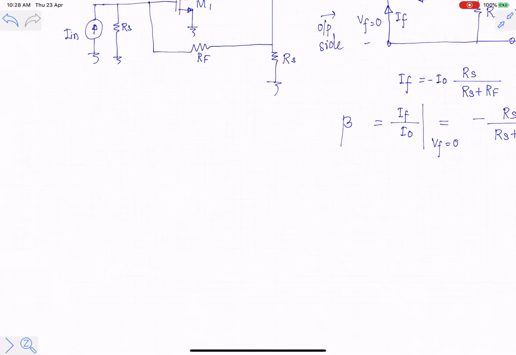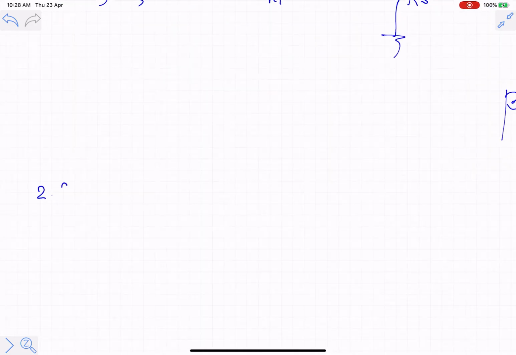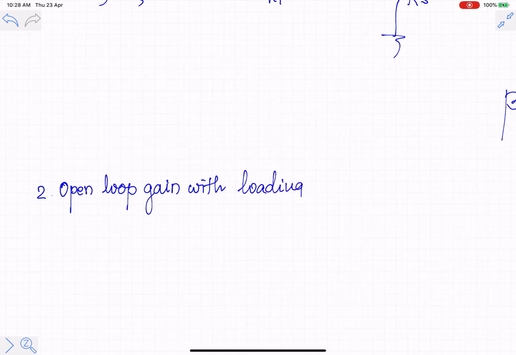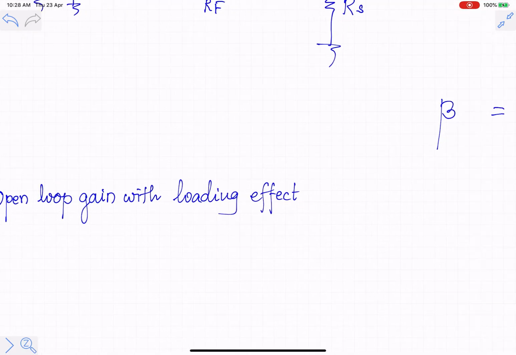The second thing that we have to calculate is the open loop gain with loading effect, which we show as AI open.